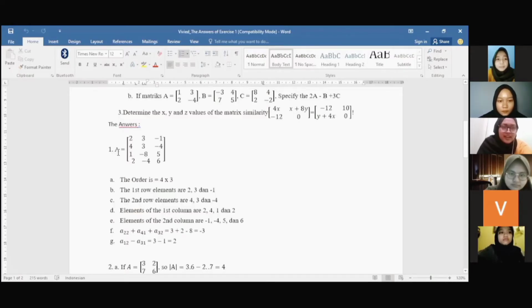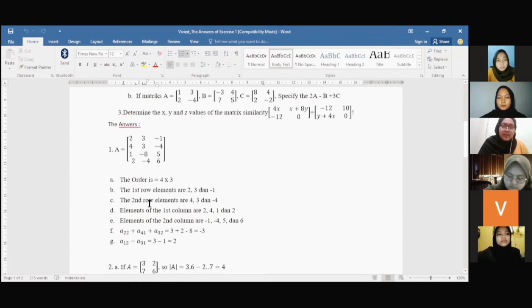We will discuss the answers to the questions in exercise 1, starting from the first group, after that the second group, and the third group. The answer: A equals 3, -1, 4, 3, -4, 1, -8, 5, 2, -4, and 6. A, the order is equal to 4 times 3. B, the first row elements are 2, 3, and -1.